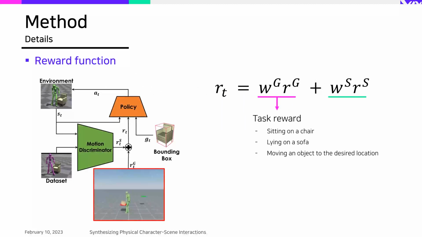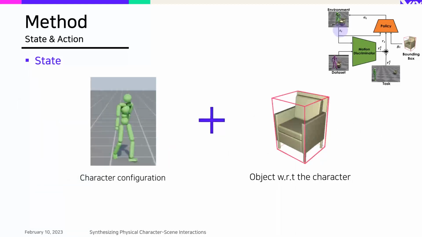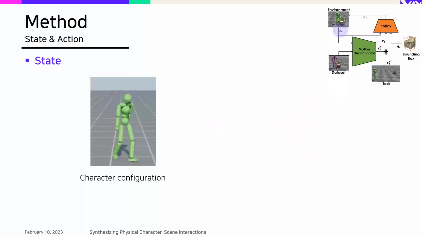I'm curious whether this model can generate the motion, let's say sitting on a chair, if the sofa is long, can it generate the motion that sits on the side of the chair, not in the center of the chair?